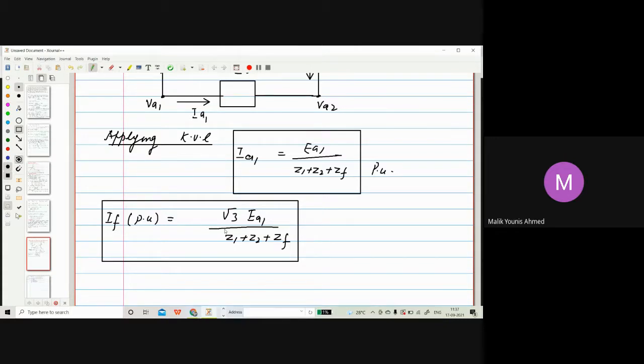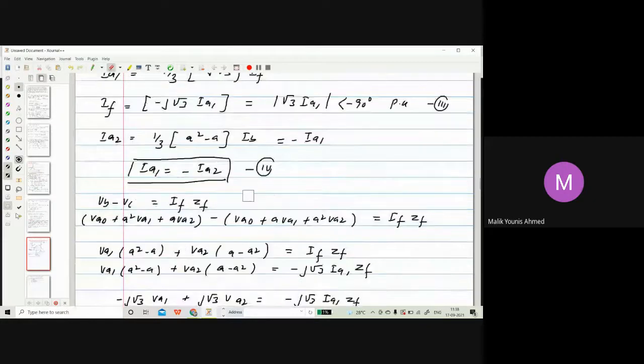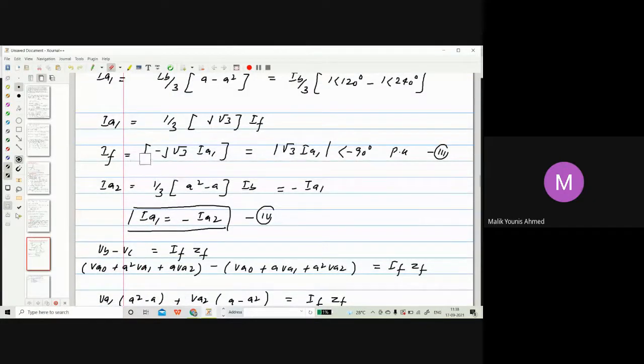Okay, so we have got this. Sorry, IA1, what was the value of IA1? IF was equal to, sorry, I think we have some mistake here. Just a second. You can see here IF very clearly is under root 3 IA1.